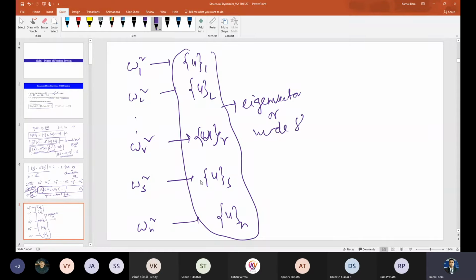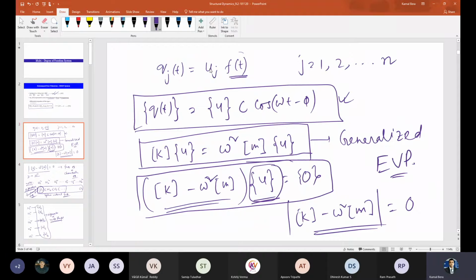Okay, and as we have already seen for the 2 degrees of freedom system, the entries in these mode shapes are not unique. If you multiply by some scalar, the shape remains unchanged, because our eigenvalue problem is homogeneous. So for any solution, let's say u star, alpha times u star is also a solution.